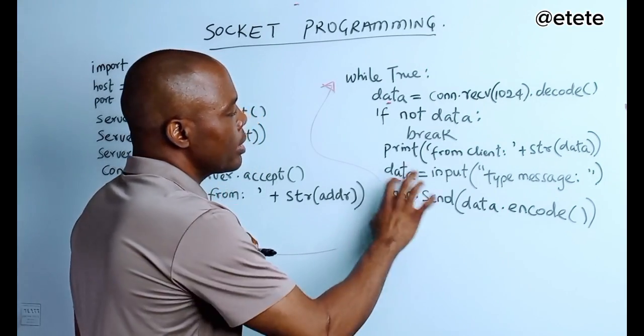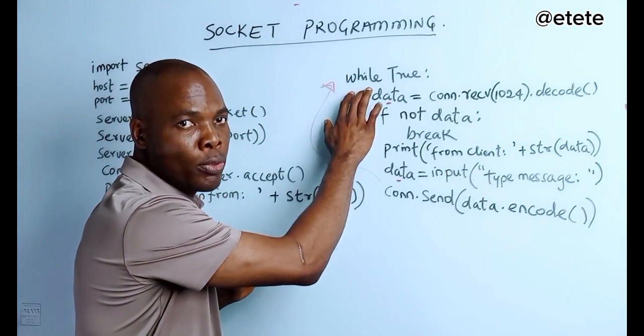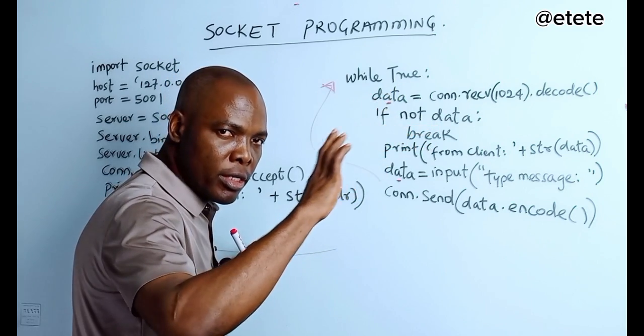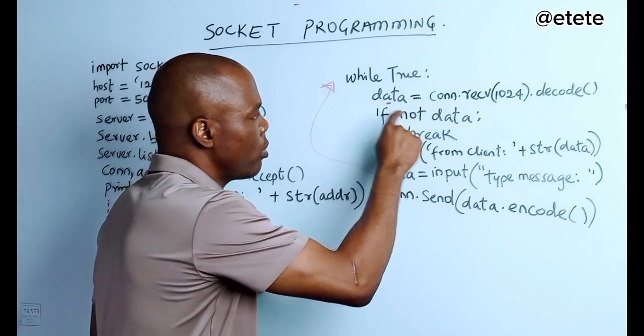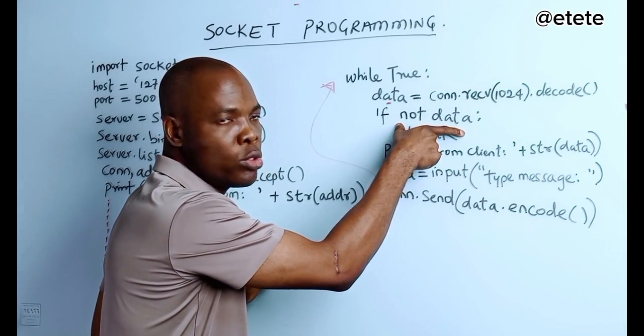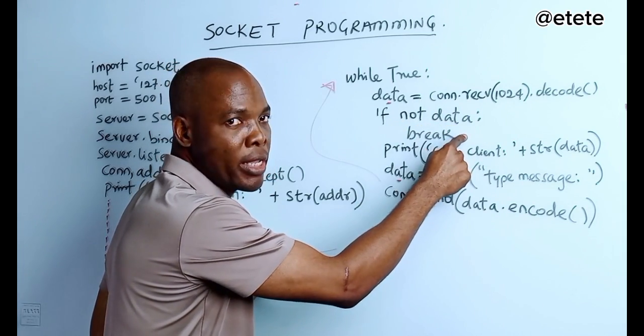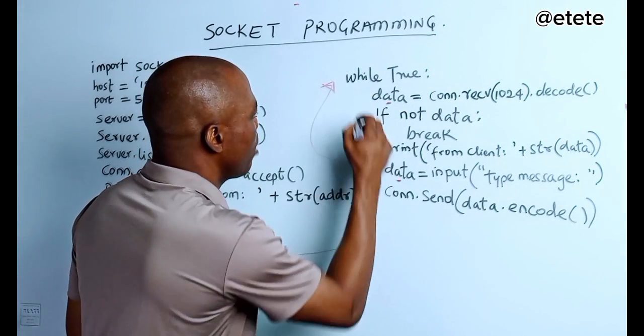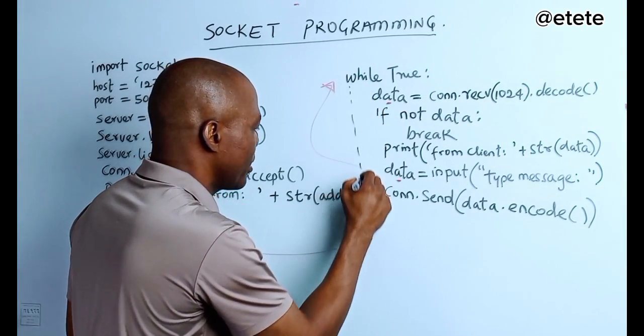Now, that is what is happening inside this loop. The moment the client stops sending messages, there will be nothing inside this data. Then this will become true. It will come into this place and it will break. When it breaks, it will come out of this loop. So coming out of this loop, it will come here. That will be the same line.